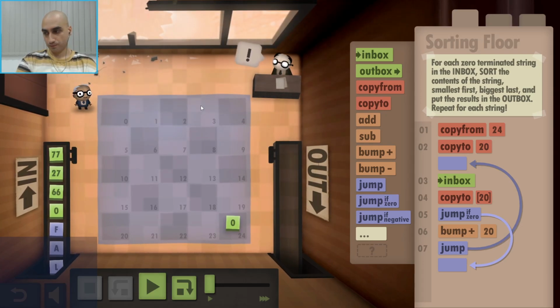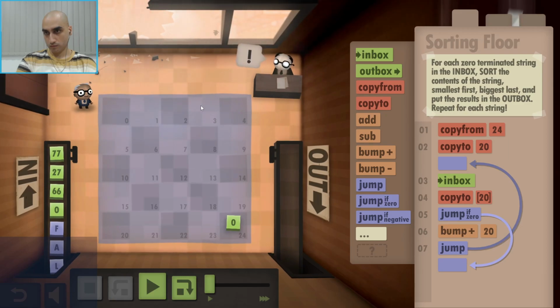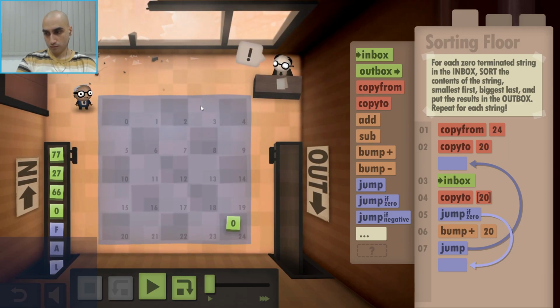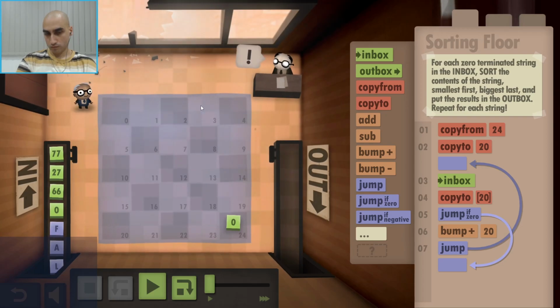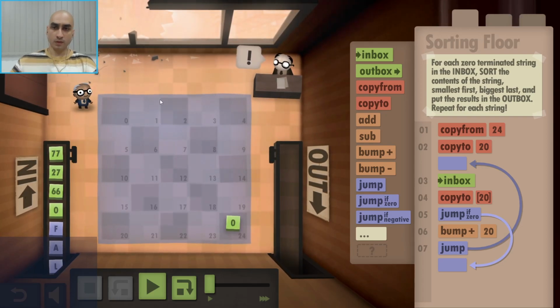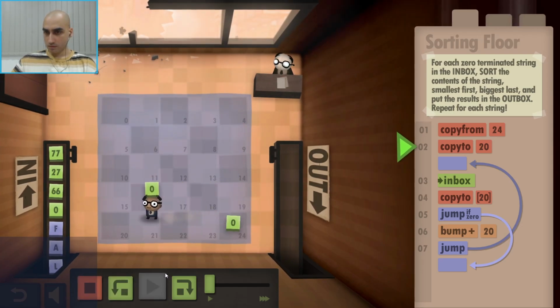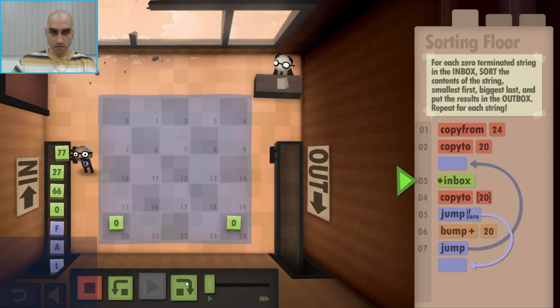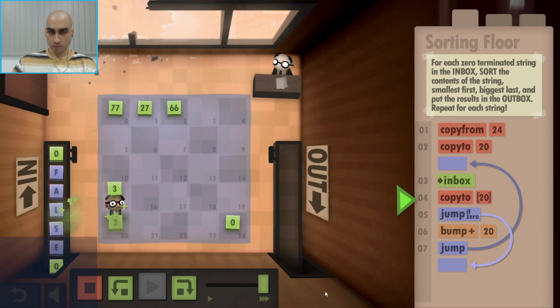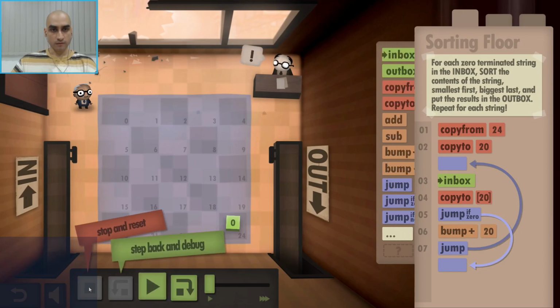Is he putting the 0 down? He is, yeah. Good. We need the 0 then.